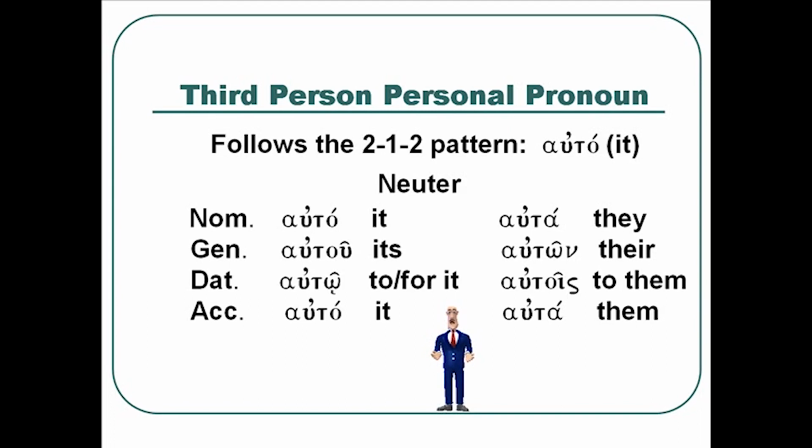The forms for the neuter are basically declined the same way that heteron is, except in the nominative singular and accusative singular, which use auto, dropping the nu that's in heteron, which is reminiscent of the article, which in the neuter takes a to instead of a ton in the nominative and accusative. So this is the masculine, feminine, and neuter forms autos, autē, auto, for he, she, and it.